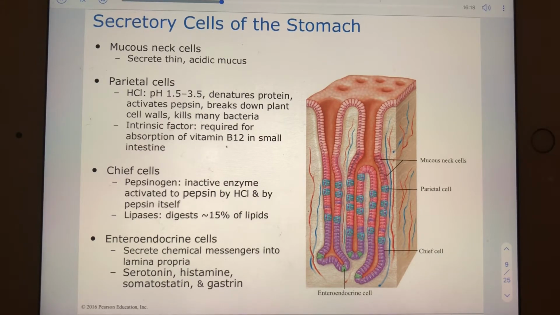Whereas mucus being made at the more shallow surface of the mucosa is, again, alkaline, okay? So we actually end up with more alkaline mucus than acidic mucus. But certainly we want the environment within our gland to be acidic, and we want the environment in the lumen of the stomach to be acidic.